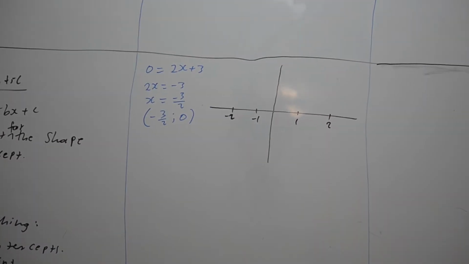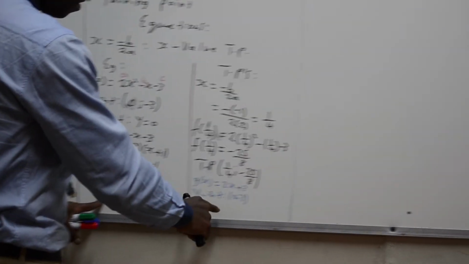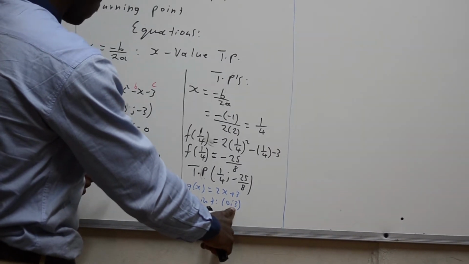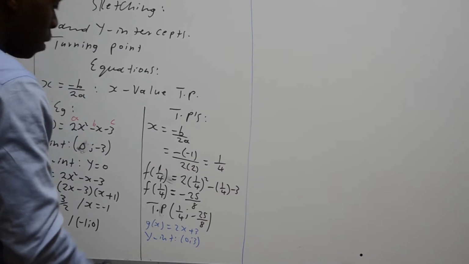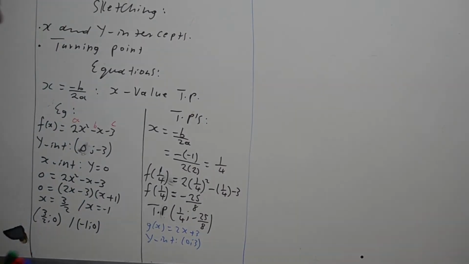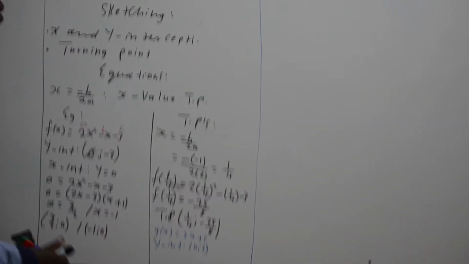Okay, coming to the y-axis, y with minus 3 denotes 0, 3, which is my x-intercept, depending on 25 over 8. 25 over 8 is 3 comma something.